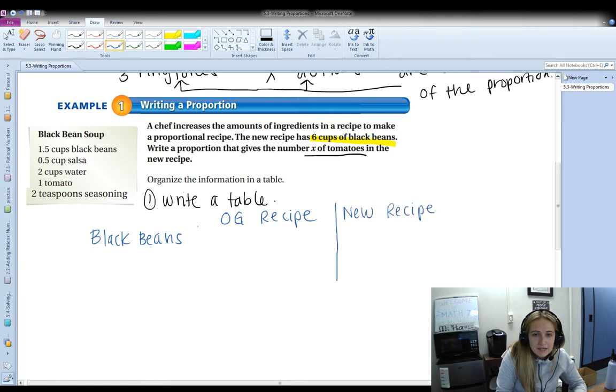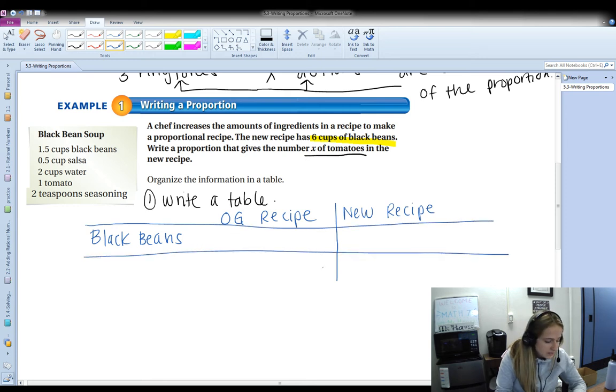So I'm just making a table. Black beans, and then the other ingredient is the tomatoes. Okay, there's my table.